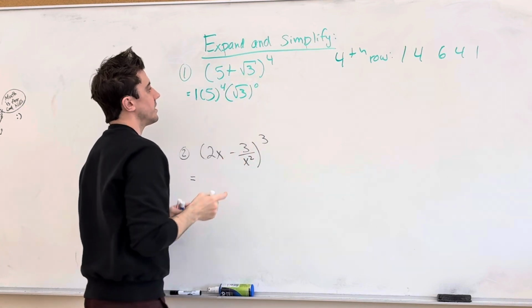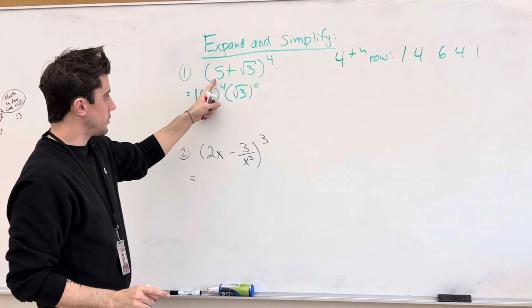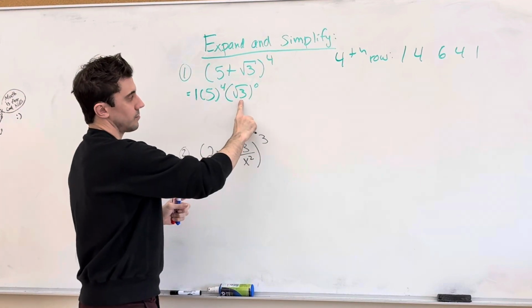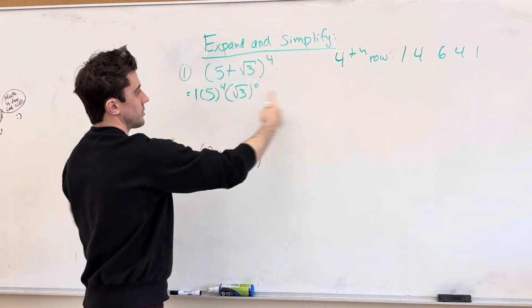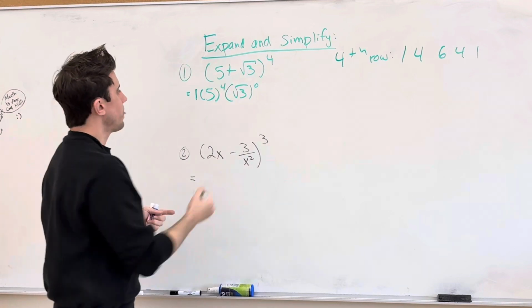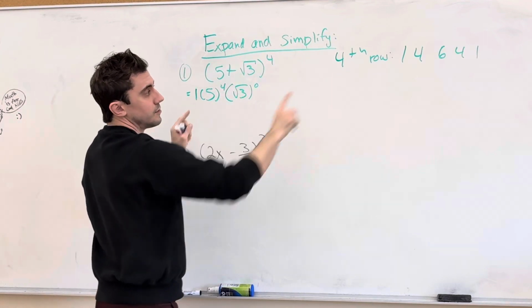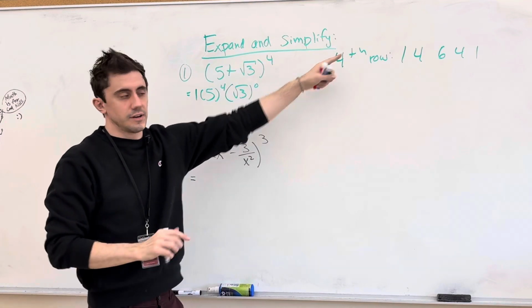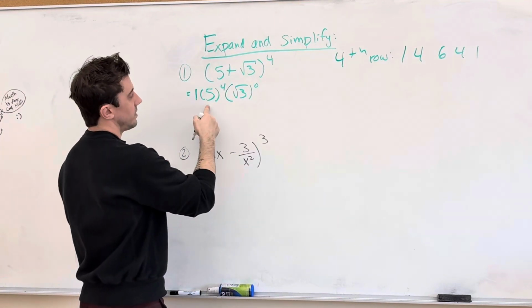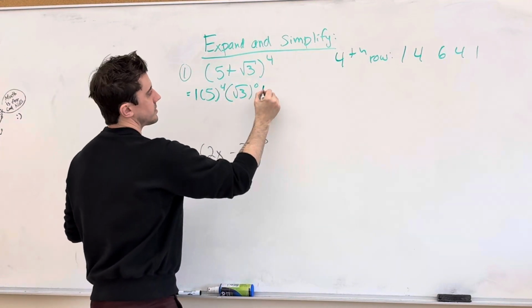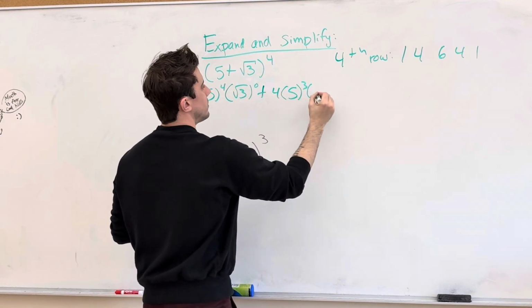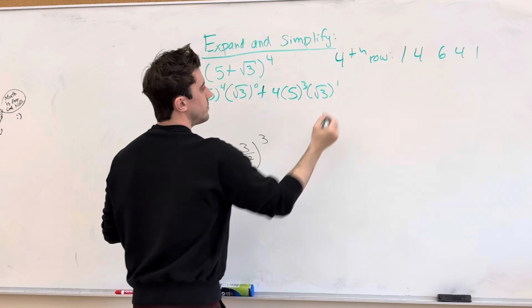Okay. And then the exponents on the first term are going to decrease. The exponents on the second term are going to increase, from 4 to 0 and 0 to 4, okay? And the coefficients are going to follow that row of Pascal's triangle. And so we have 1 times so on and so forth, plus 4 times 5 to the power of 3, root 3 to the power of 1, right?